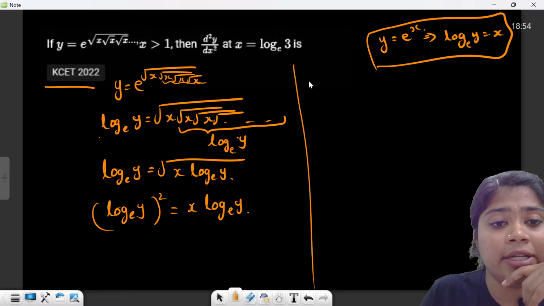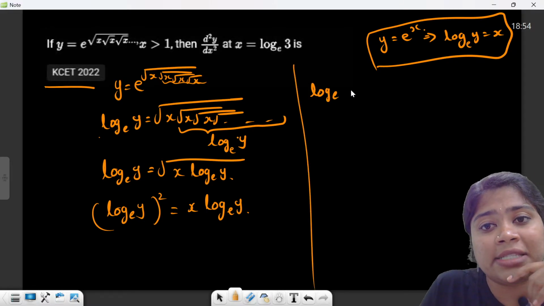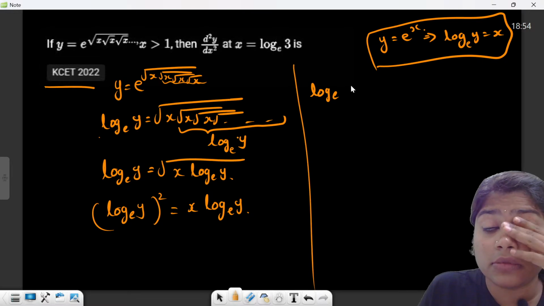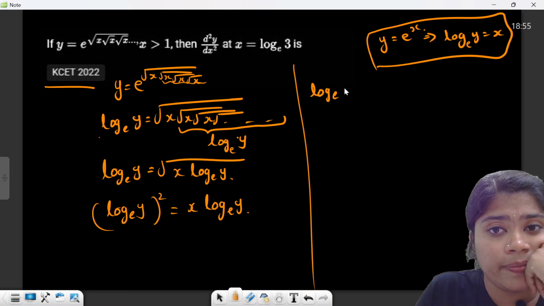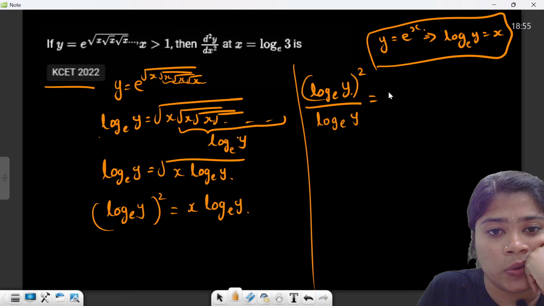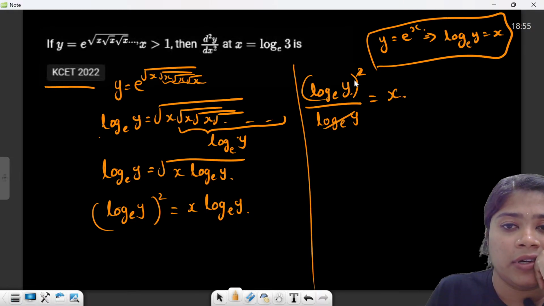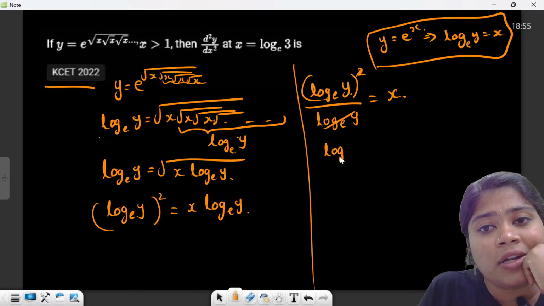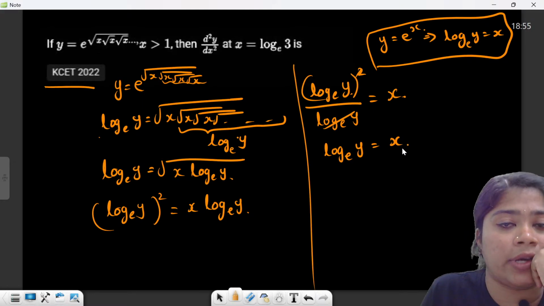So you can write log base e y, the whole square, divided by log base e y is equal to x. Anyway, one term gets cancelled. Log base e y is equal to x.